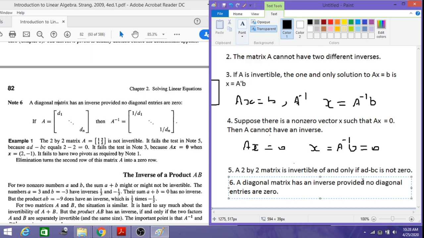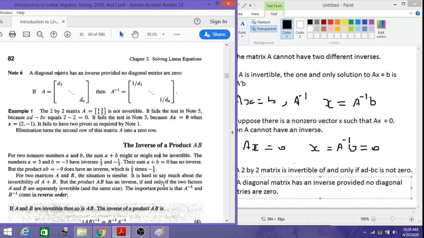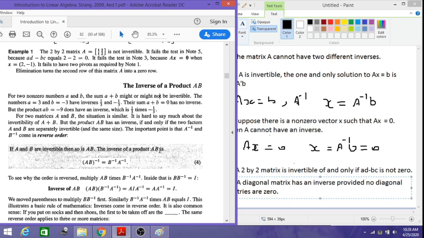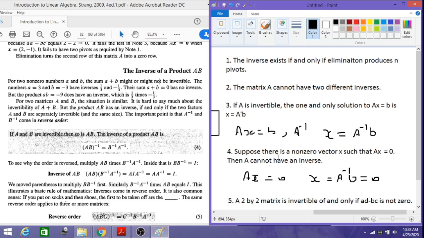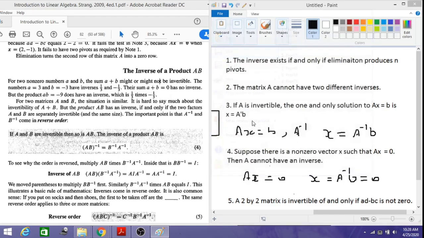No diagonal entries are 0. So this is another method. So these are the important points that we have to remember when we are doing it. Let me save this page here.